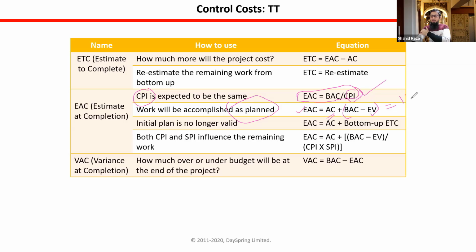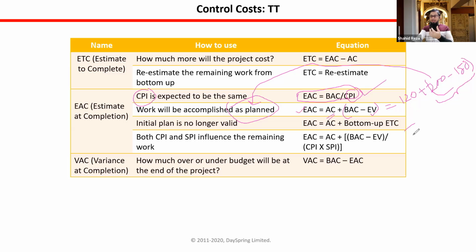See? Minus earned value. So in our case, if I use this formula, what will happen? AC is $120 plus BAC is $200, right? Minus earned value, how much? $150. I am keeping this in brackets. That means for the rest of the project, we will accomplish as per plan. So as per plan, we are having only $50 in our hand.